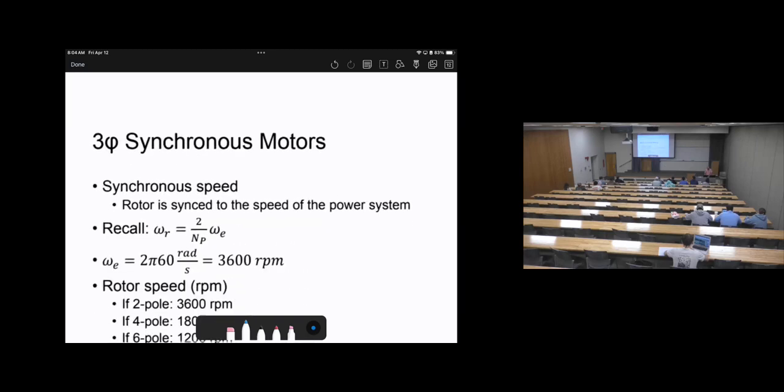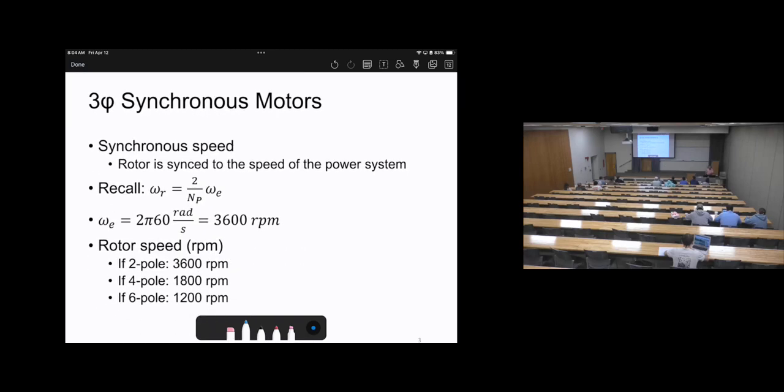And almost the same equations for the mechanical speed, electrical speed, or synchronous speed, rotary speed. They are the same speed. So if we have the electrical speed, 2 pi times 60, this is in radian per second, or 60 times f, this is in RPM.